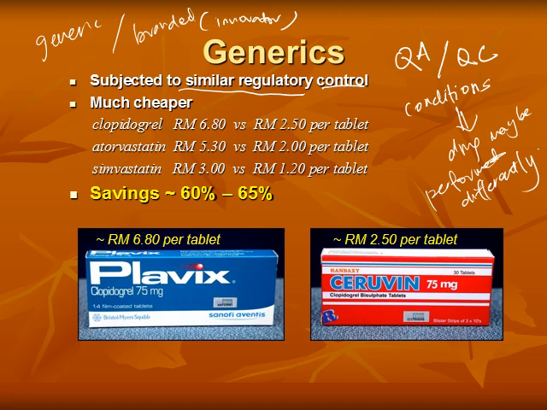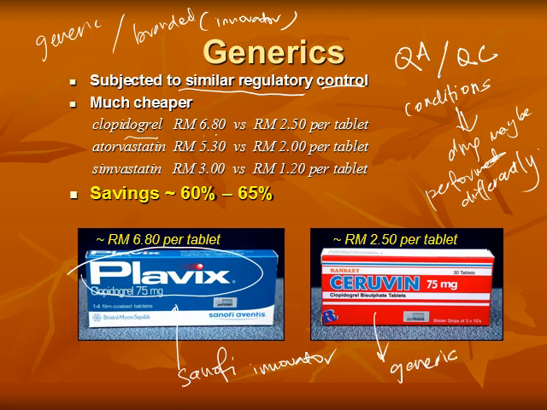For clopidogrel, from Plavix, from Sanofi, the original innovator, is 6 ringgit 80 cents per tablet, and you compare with Ranbaxy, a generic company, they take only 2.5 RM per tablet, which is much cheaper.